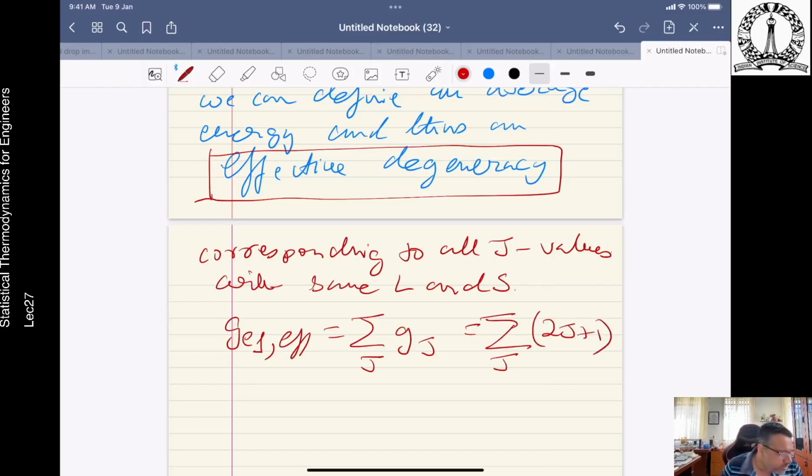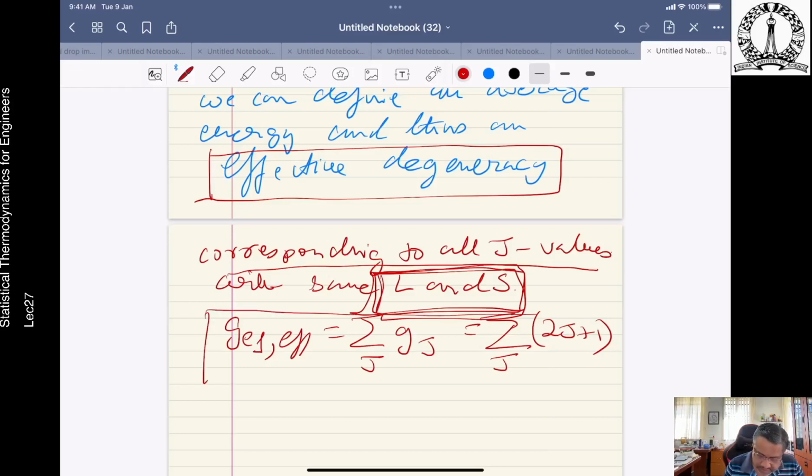Correct? It is just summed over all the values. Remember, with the same L and S, that is mandated. Once those two are kept the same, we can define an average energy among the different J values, and an effective degeneracy which corresponds to all the J values for the same L and S. And this is how you calculate the effective degeneracy.